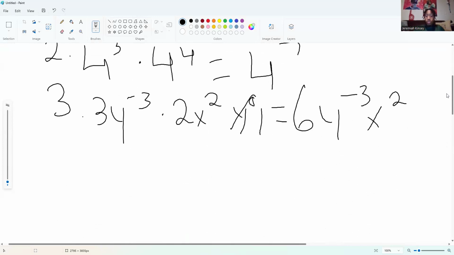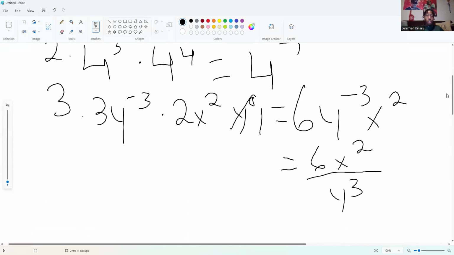So we do what we did in number 1. Keep everything positive up top, and bring the reciprocal to the bottom, y to the 3rd. The 1 is already up top, because if you multiply all of this by 1, you get 6x squared anyway. So you're pretty much done.